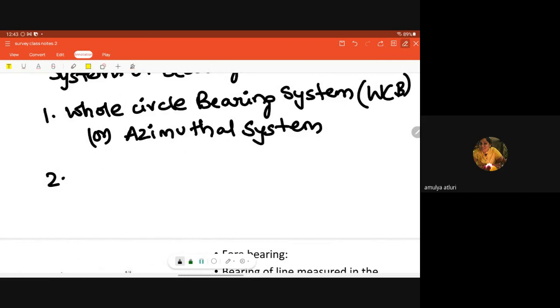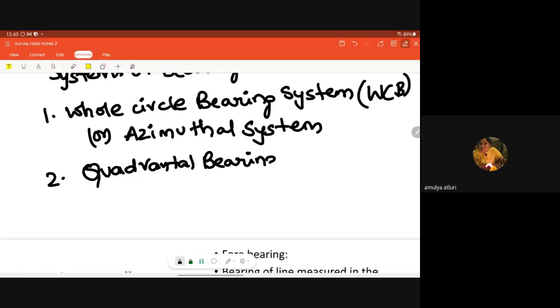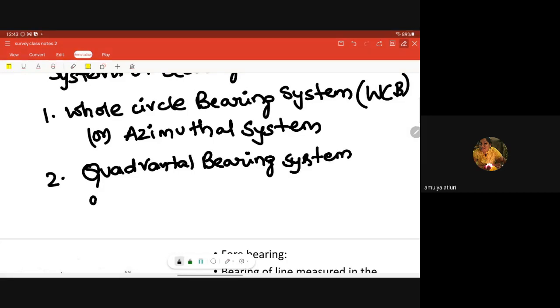The second one is quadrantal bearing or reduced bearing system.